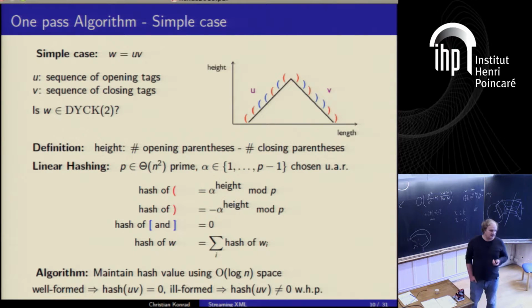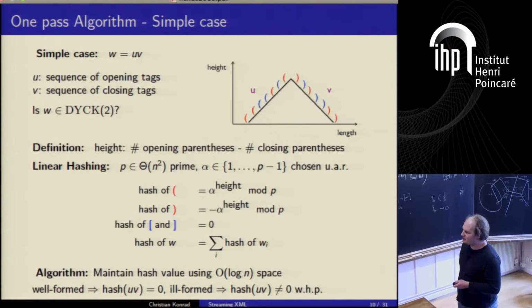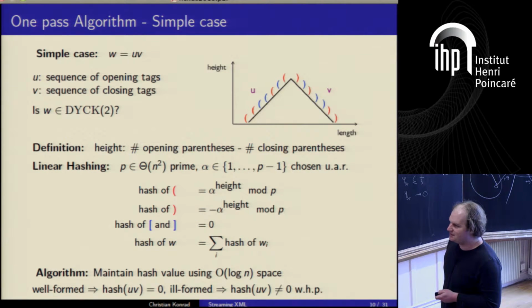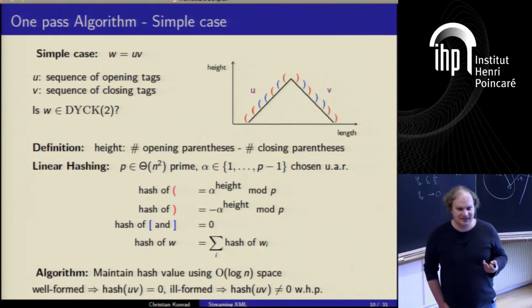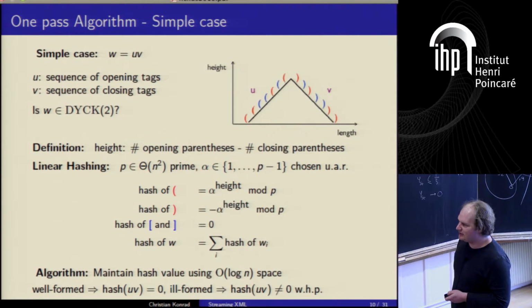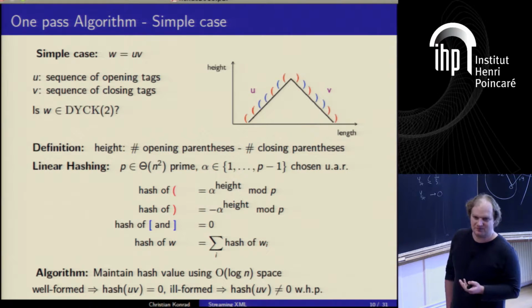The interesting thing is we can do that and at the same time just ignore the other type of parenthesis. If we ignore the other type, when we see a closing or opening tag we still adapt the height, so they still affect the height of all the other parentheses that we have. You can essentially see that by just ignoring the hash values of the blue ones, we will still be fine.